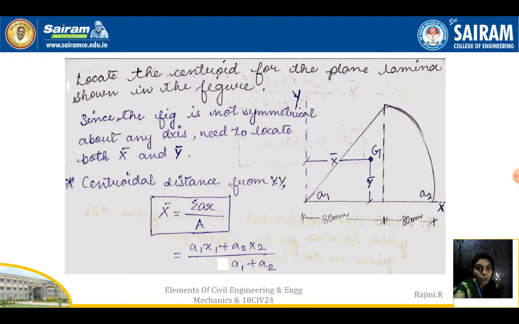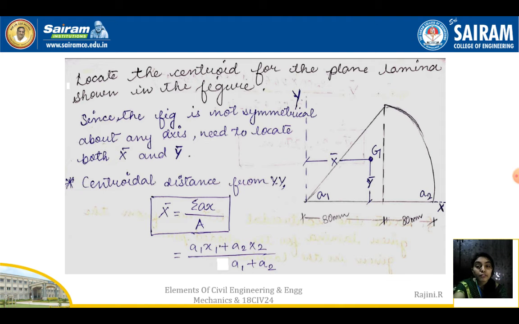In the last session video, go watch that video, I only explained y bar, because x bar we already knew. But in this problem, we don't know x bar because it is unsymmetrical, and we don't know y bar because it is unsymmetrical.